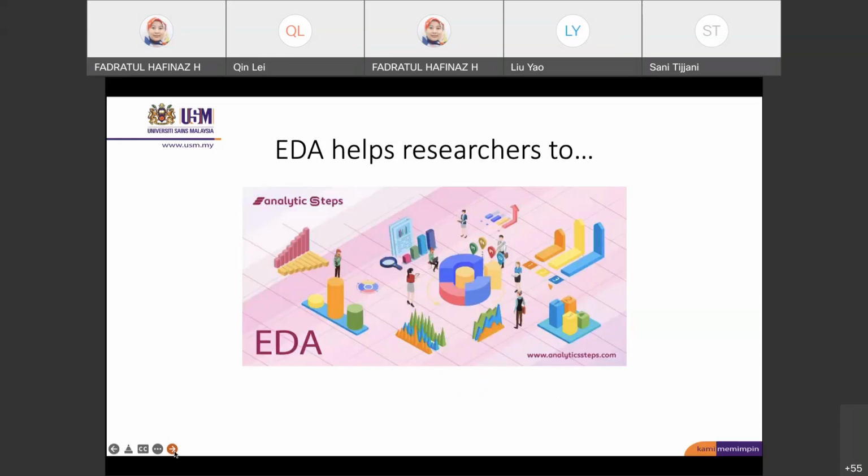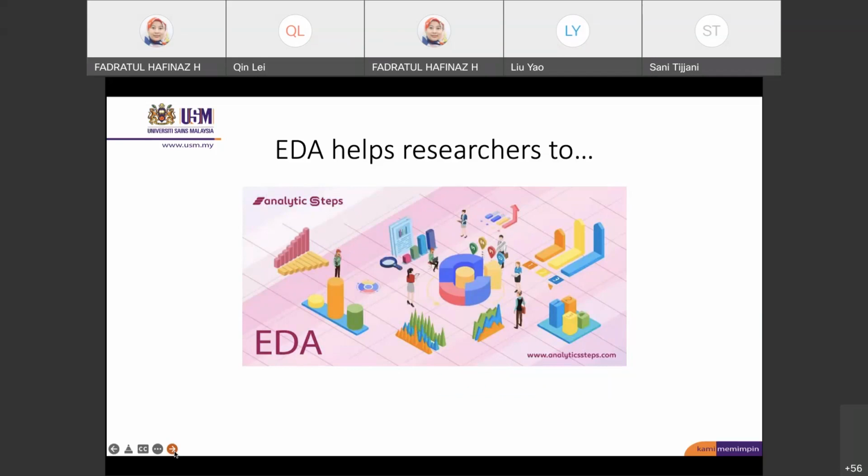So why is it so important? Why is this EDA stage very important? Because EDA helps researchers to maximize the understanding of the data sets, right?